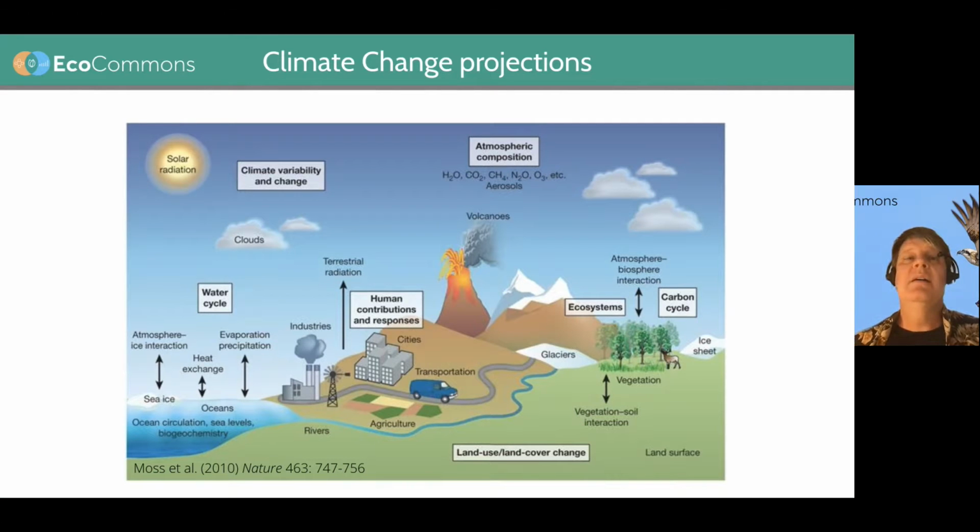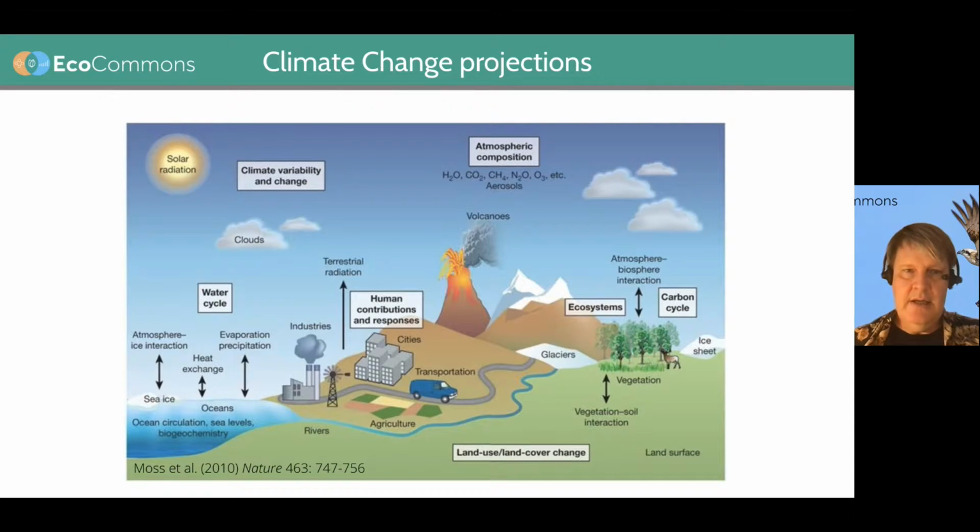So we'll talk more about how to decide on those things later. But first, I just wanted to highlight that you can also do climate projections. So you can create a species distribution model in EcoCommons, and then you can project that model into the future.